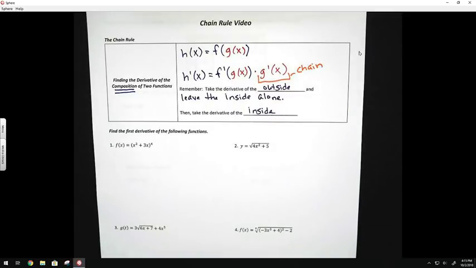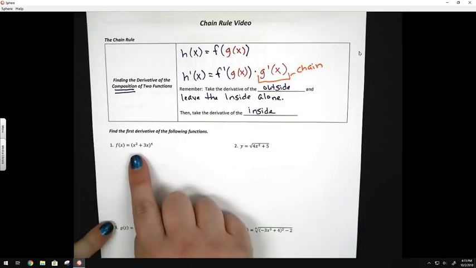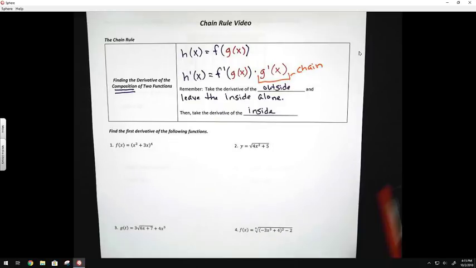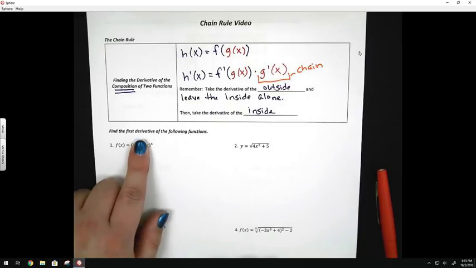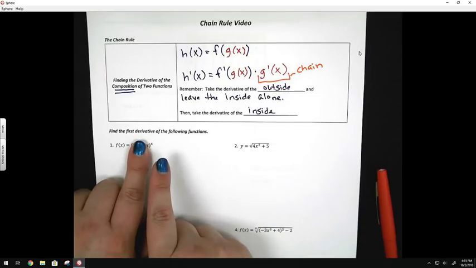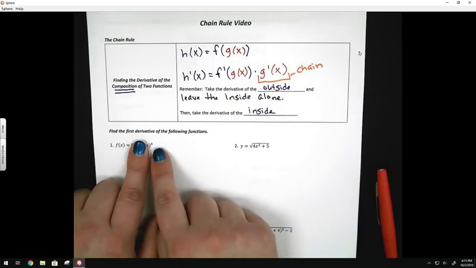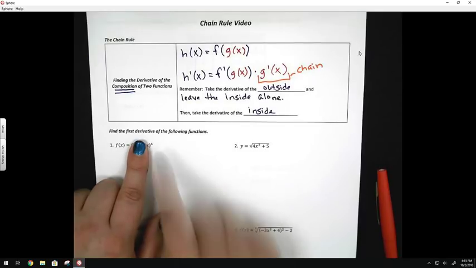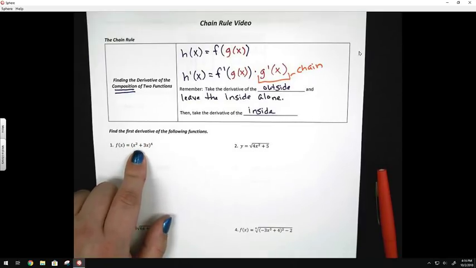Taking a look at number 1, we've got f of x equals the quantity of x squared plus 3x all raised to the 4th power. If I covered up this part here, hopefully you can see that it's something to the 4th power. So that outside piece is the 4th power, and the inside piece is x squared plus 3x.